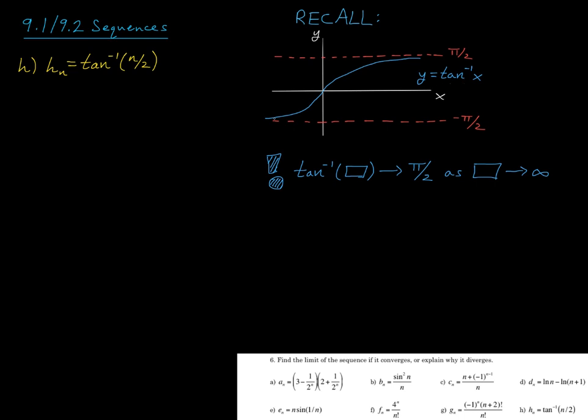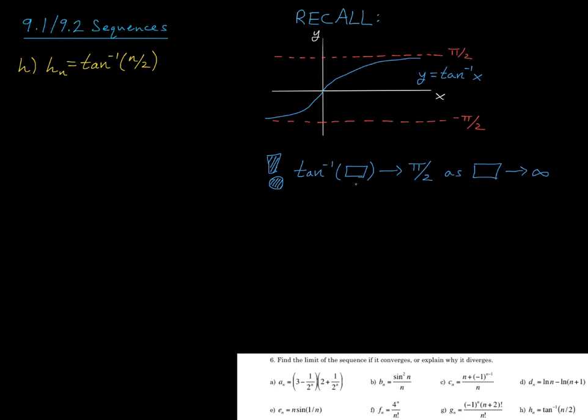Recall you take the principal branch of the tangent function from minus pi over 2 to pi over 2, and you find its inverse. So in other words, you graphically reflect it about the line y equals x, and you get this S-shaped looking graph, known as a sigmoidal graph, and it has two horizontal asymptotes. Pi over 2 as you move way out to the right, and negative pi over 2 as you move way out to the left.